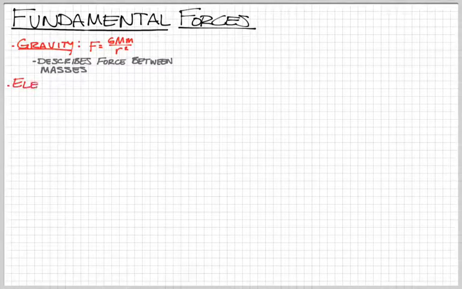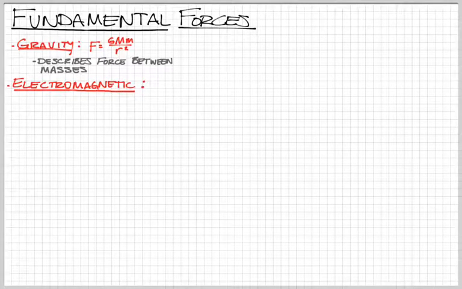The next one we have is the electromagnetic force. We've been looking at specifically the electric part of that force. We will talk about magnetism later. It's kQq over r squared. That specifically tells us about the force between 2 charges.